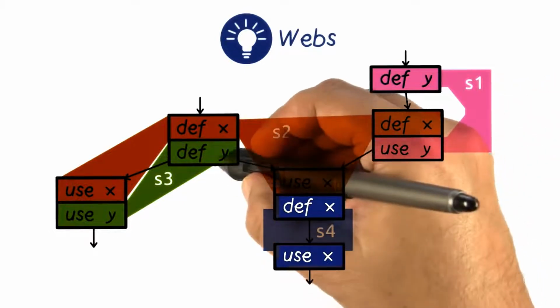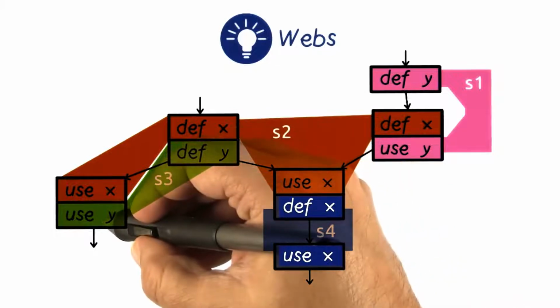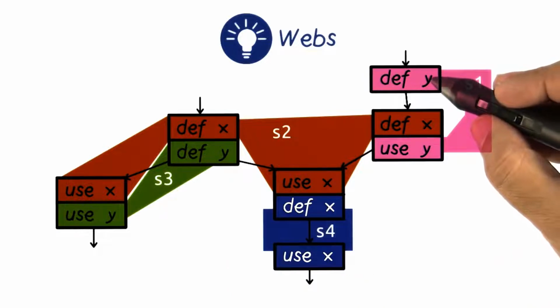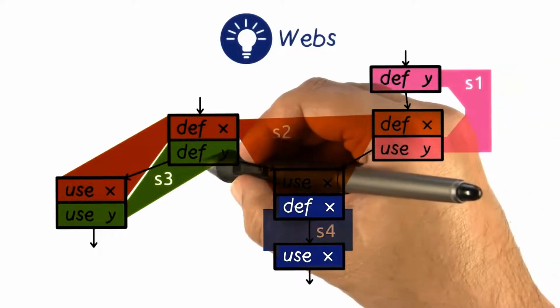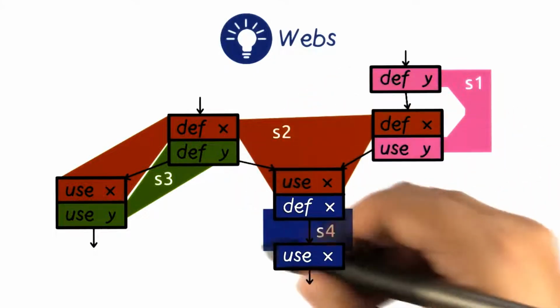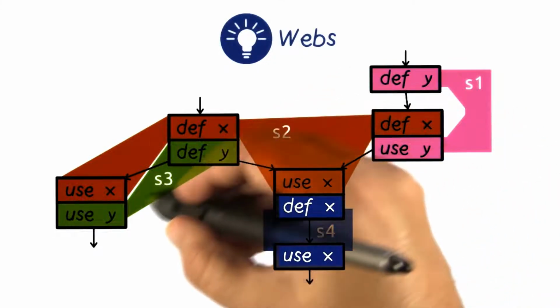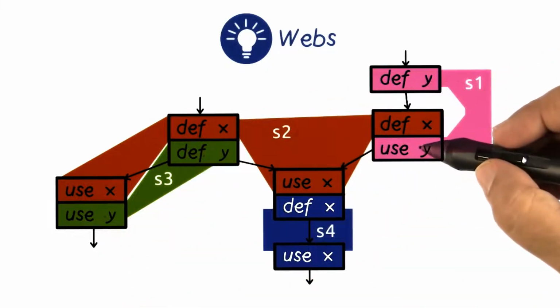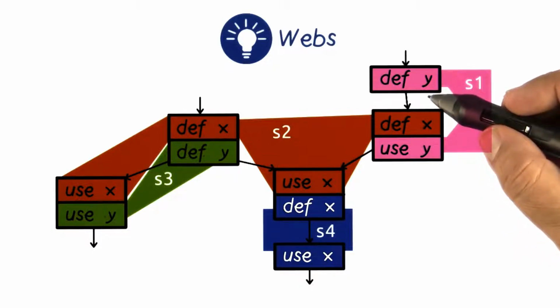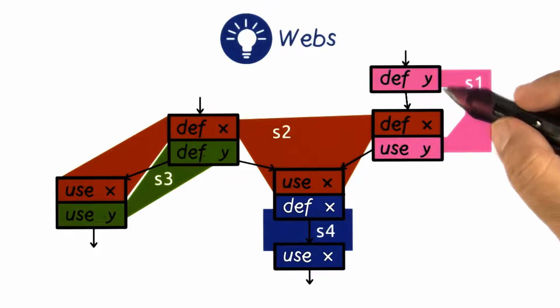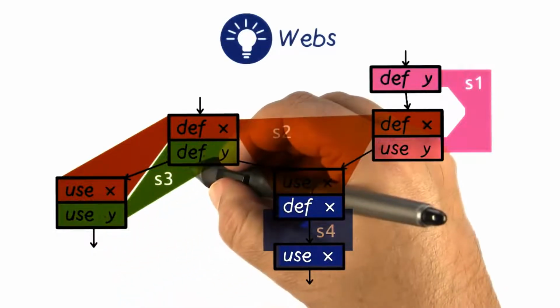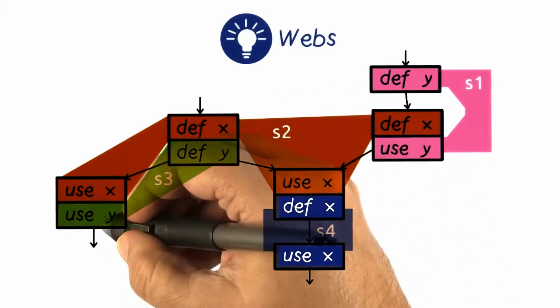You can see that we do have another definition of y and another use of y, but this use of y is not reached by this particular definition of y, nor that use of y is reached by this definition of y, and therefore we just connect this definition of y and that use of y and call it a separate web. So you can see that in this particular process we are untangling the definitions and uses. The ones which are reaching each other are a part of the same web. However, the ones which are not reaching each other are kept separate, and they form separate webs.